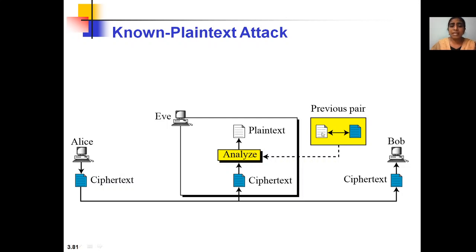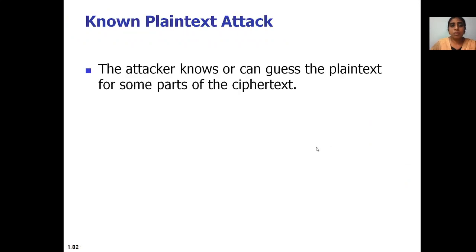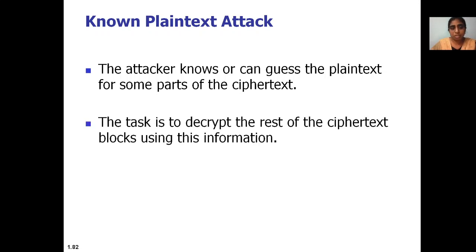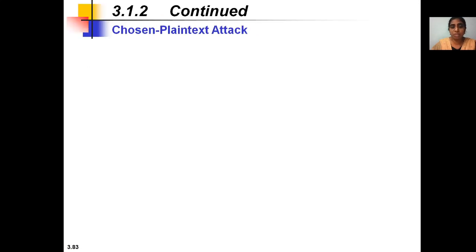So he may take that ciphertext and analyze whether the plaintext is in the form of the same pairs which he already has. So in a known plaintext attack, the attacker knows or guesses the plaintext for some parts of the ciphertext. The task is to decrypt the rest of the ciphertext blocks using this information.